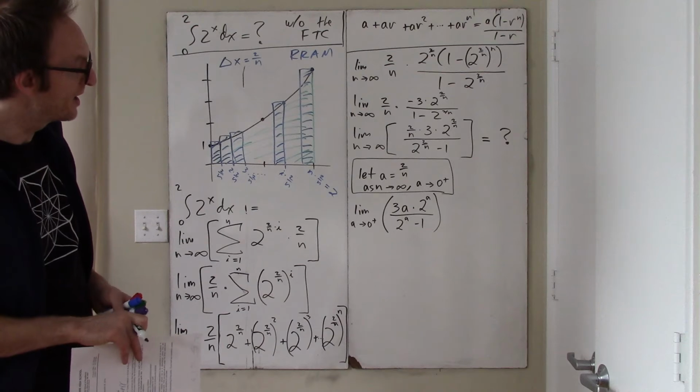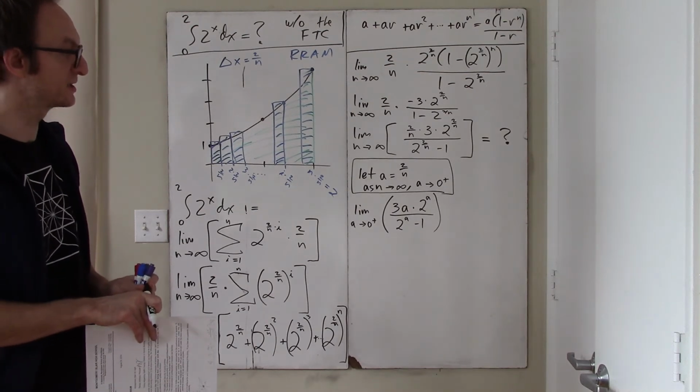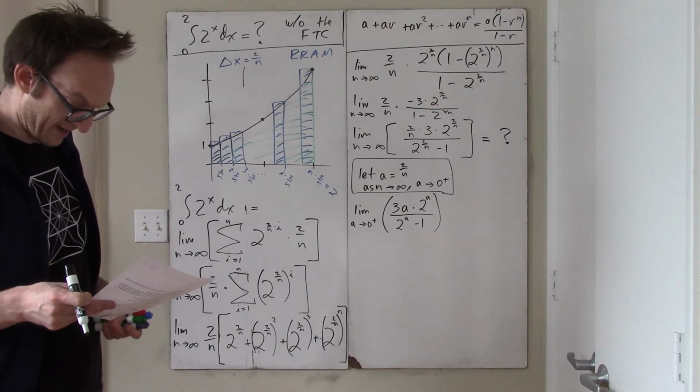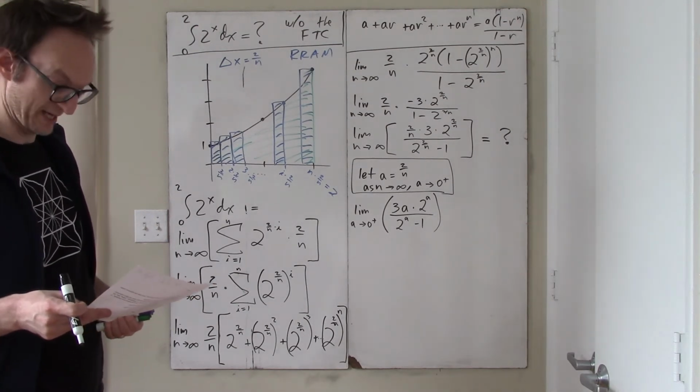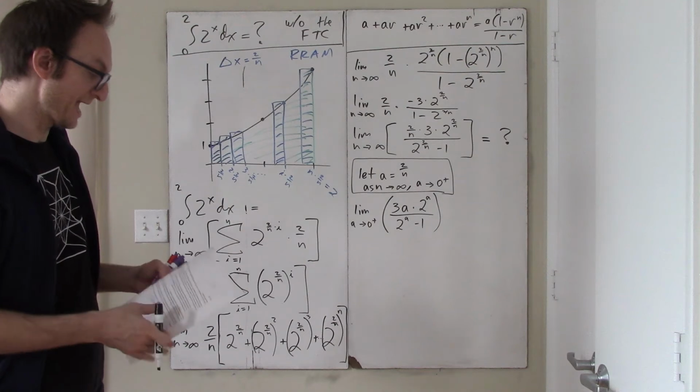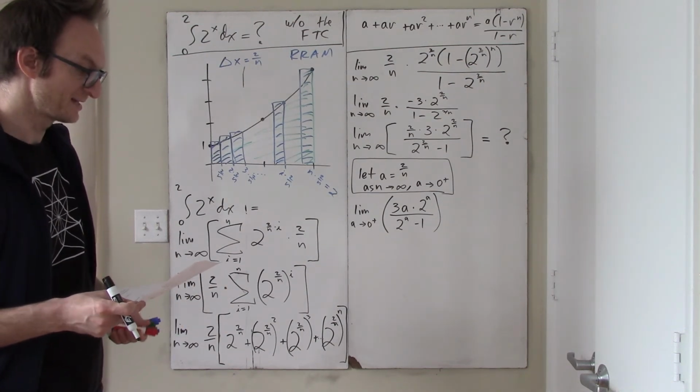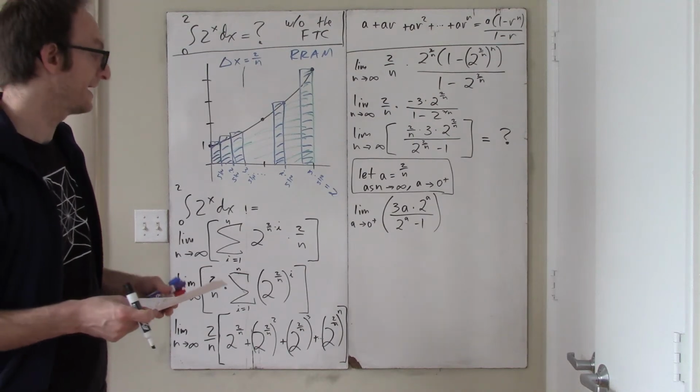And now there's this kind of wild moment where we somehow figure out how to do this. It took me a while to figure out that this was even a good idea.